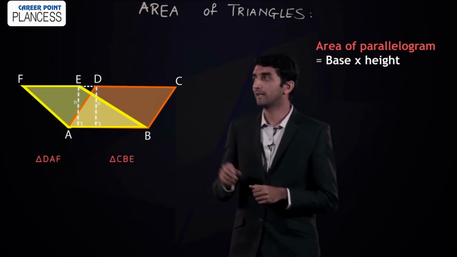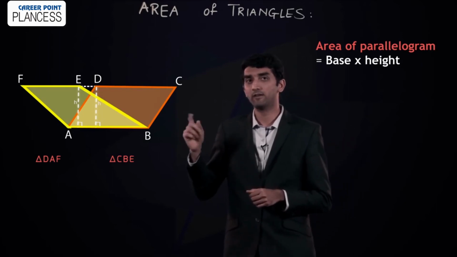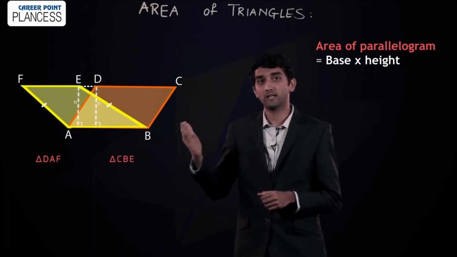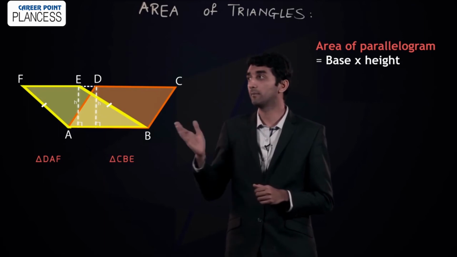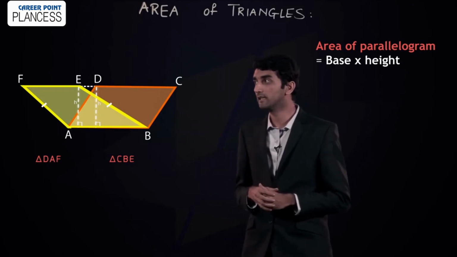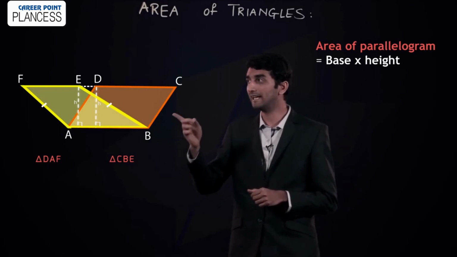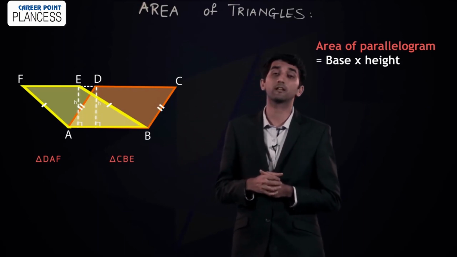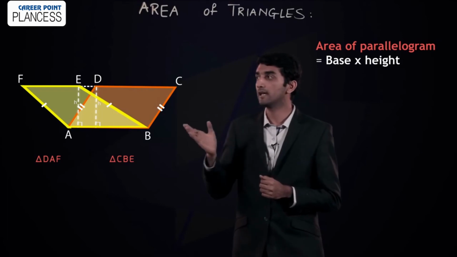We can prove that the side AF is equal to the side BE, because they are the opposite sides of the parallelogram ABEF. Likewise, the side AD is equal to the side BC, again because they are the opposite sides of a parallelogram ABCD.